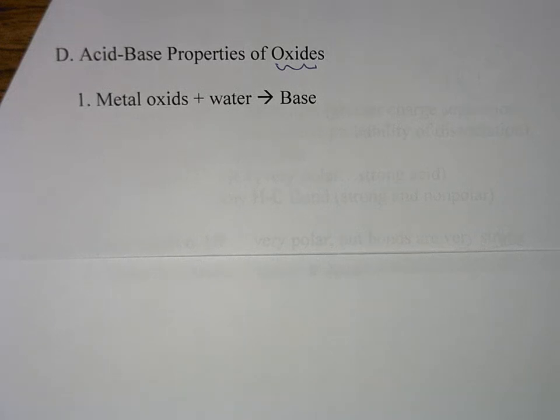But just as a reminder, since we're dealing with it now and talking about strength of acid and base things, if you have a metal oxide plus water, you're going to get a base.